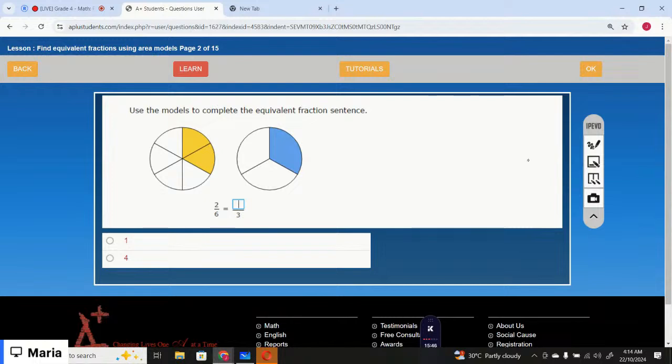Yes, that is 1 out of 3. Only one portion is colored out of 3, so the correct option is 1 out of 3.